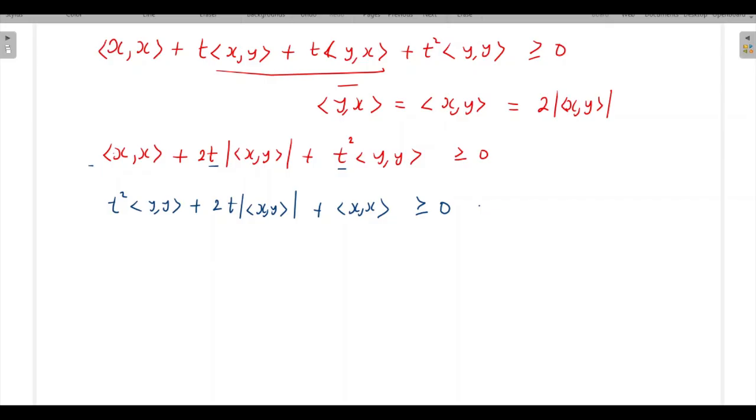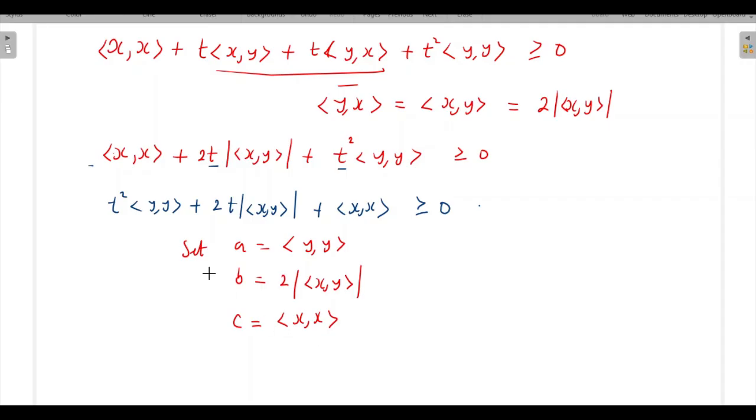Now, let me quickly do something interesting. Let me set a to be equal to y, y. Let me set b to be the same thing as 2 into the absolute value of x, y. And let me set c to be x, x.